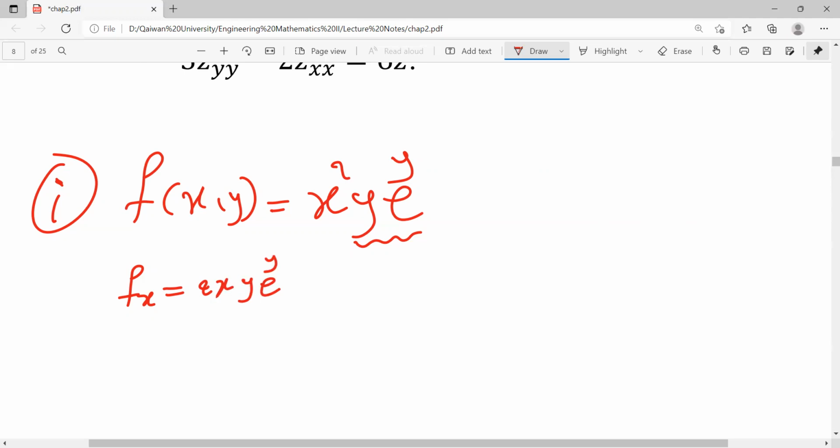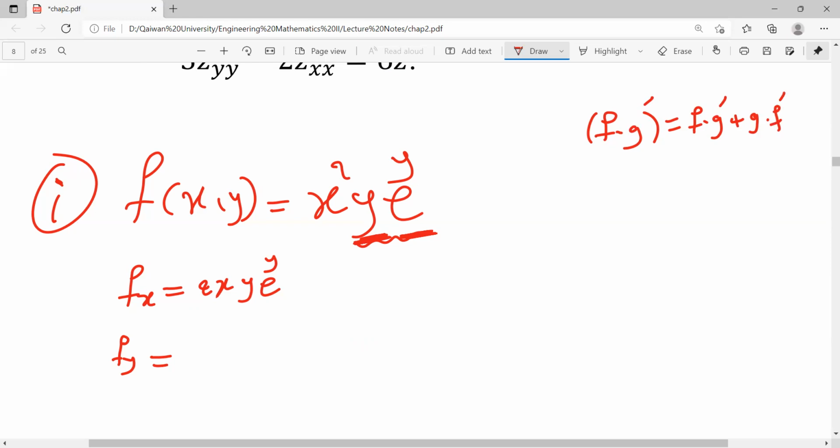Okay, and f sub y equals, here we have two y functions, y and e to the power y. We say if we have f times g, its derivative is f times g prime plus g times f prime. Is it?